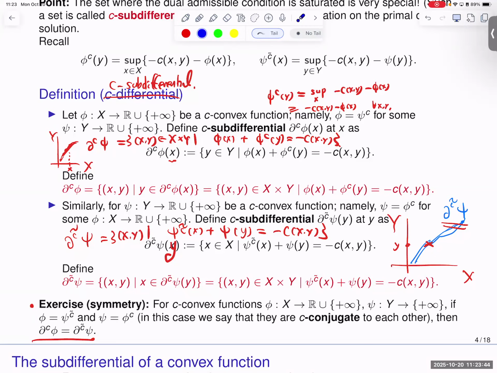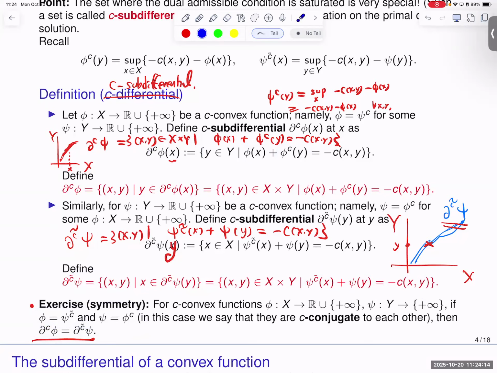By psi of C transform and by C transform of psi. So here, these two are the same. Exactly. Look at this. This is exactly this in this case, and this is exactly this. So these two equations are exactly the same equation, so the corresponding set should be the same.